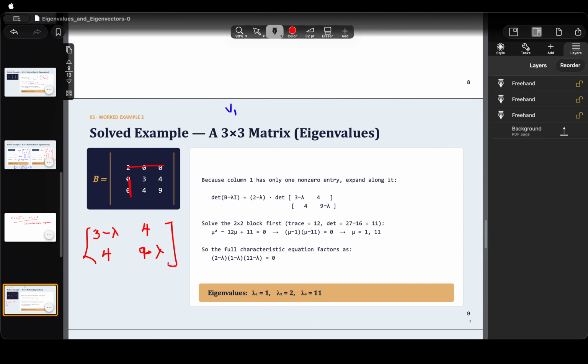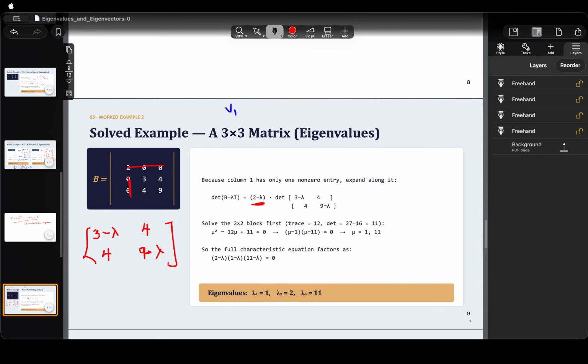So what we have done is to expand just this part out as well. You only solve the determinant for this block, then multiply by your 2 minus lambda here. If you do that, this is what you have.